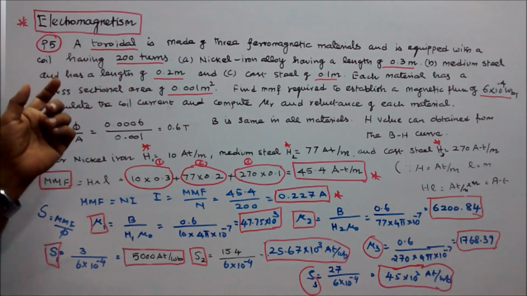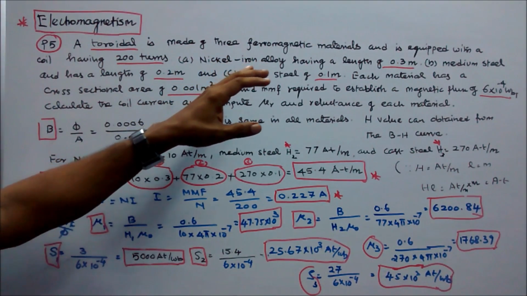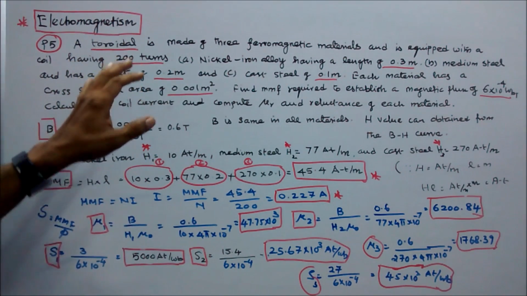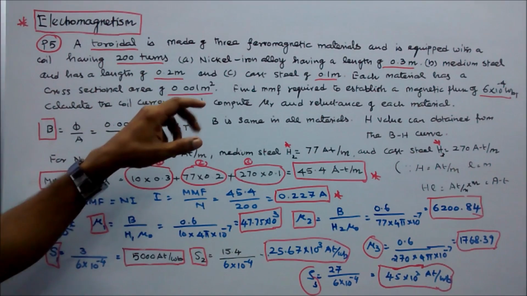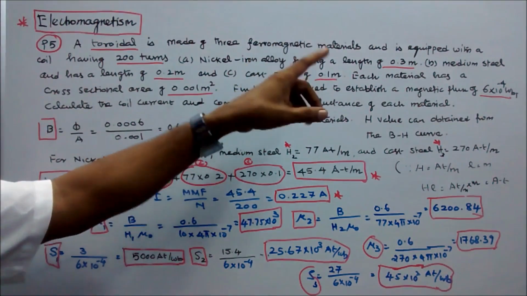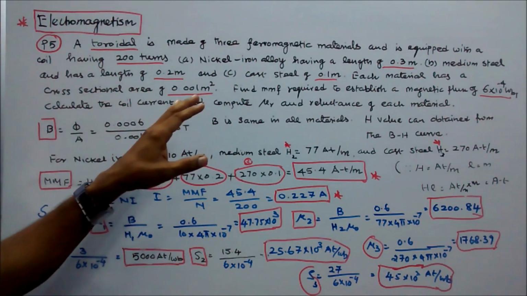Problem number 5. A toroid is made up of 3 ferromagnetic materials and is equipped with a coil having 200 turns. Material 1 is nickel iron alloy having a length of 0.3 meters. Material 2 is medium steel and has a length of 0.2 meters.